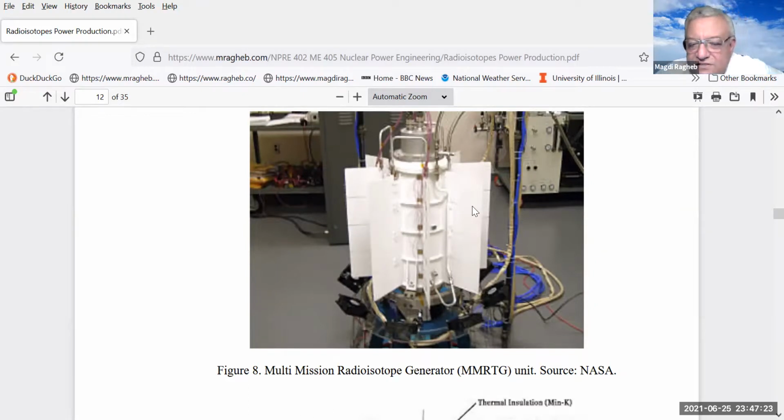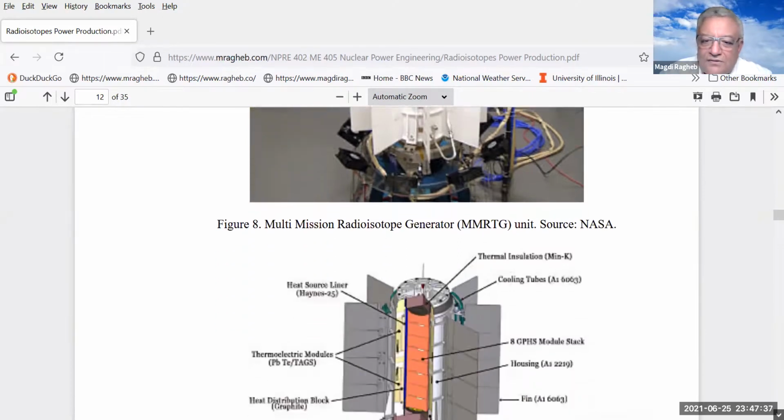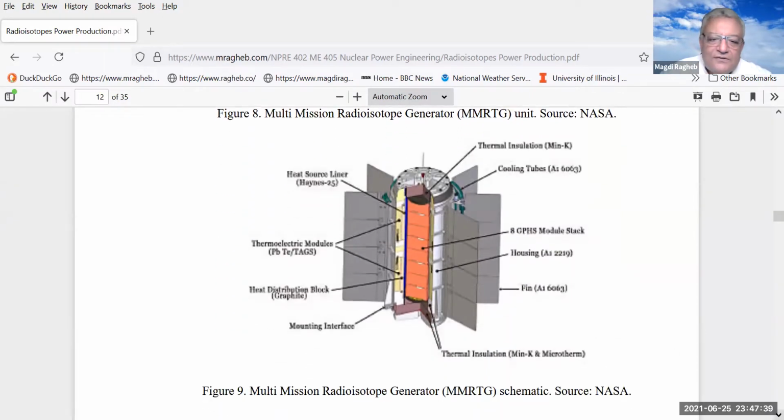Nevertheless, on Mars, it's a useful thing because the atmosphere of Mars is very, very thin compared to the atmosphere of the Earth. So convection there is minimal. So they use radiation to dissipate the heat. That multi-mission design you could see here in more detail. You find that the thermoelectric modules there are surrounding the heat source at the center.